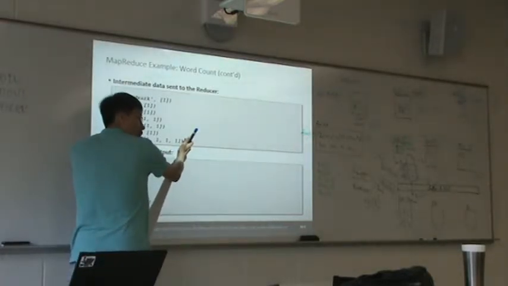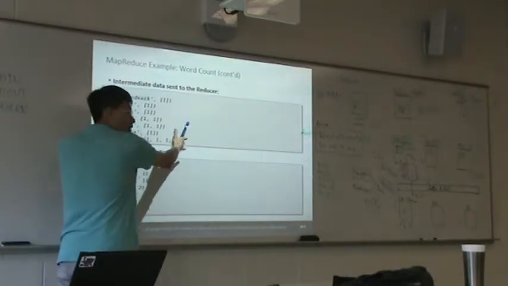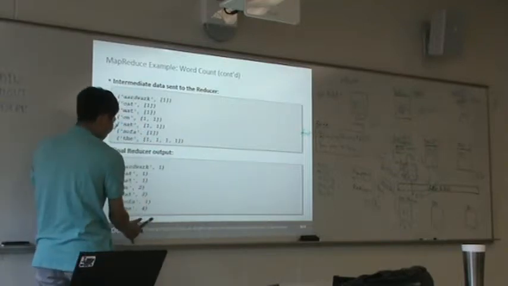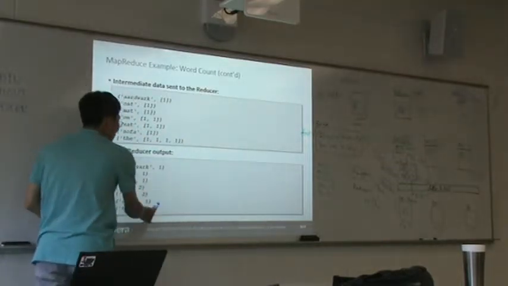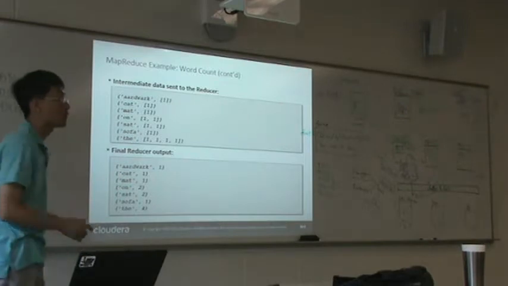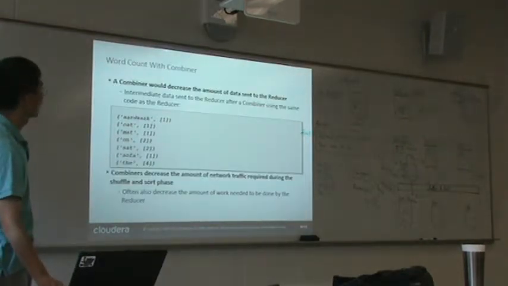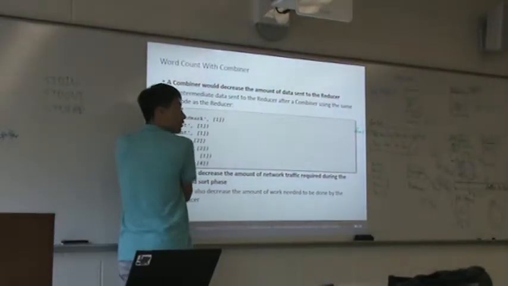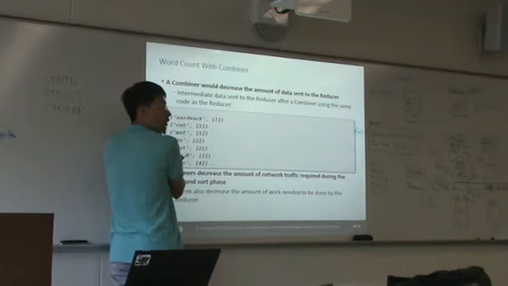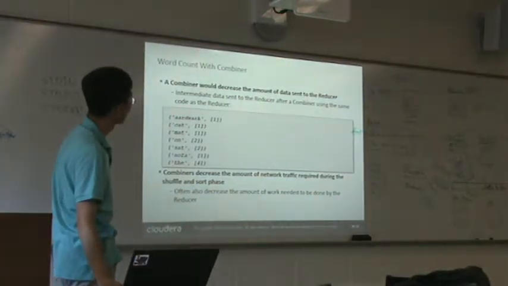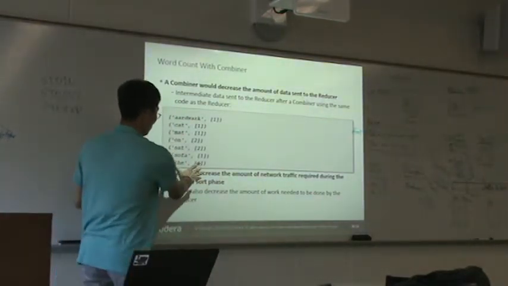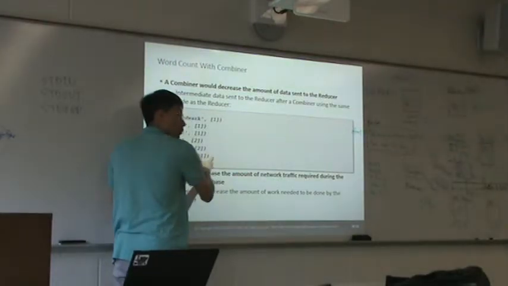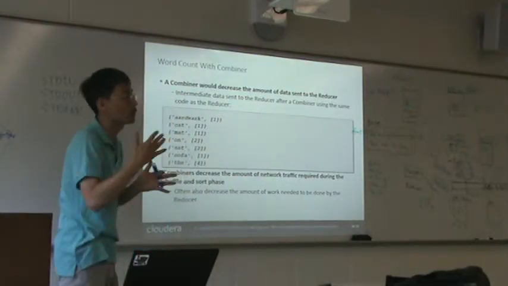In terms of traffic, it's much bigger than this one. This is the final output of the reducer. But if we are using the combiner, it will decrease the load. It's done after the shuffle, right? Then what is sent to the reducer is a much reduced size, so you can reduce overhead.